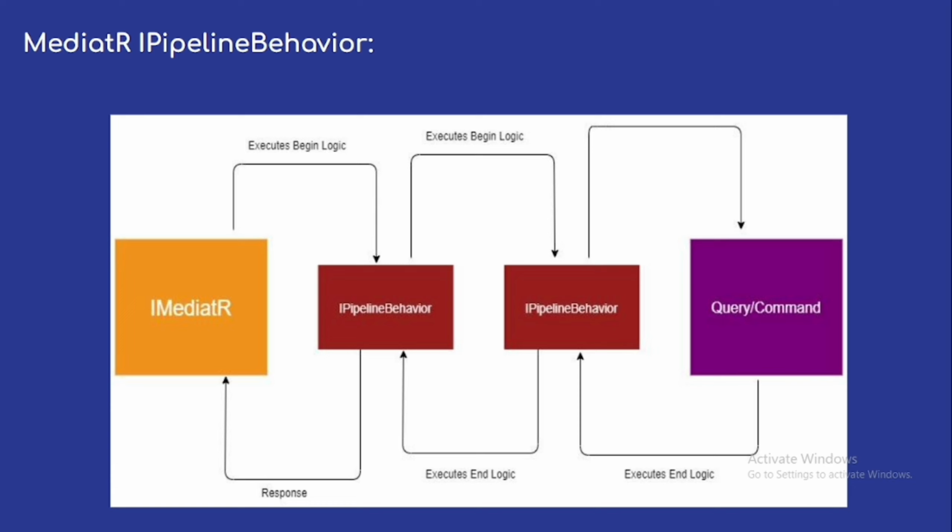Okay, here you can understand whenever a mediator query triggers, first it will execute the IPipelineBehavior if they exist. Since IPipelineBehavior contains two sections, right? So first, before the request gets executed. Like that, if you have n number of pipeline behaviors, if you configured them, all the starting code of the pipeline behaviors will execute.